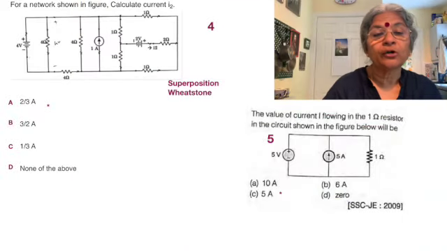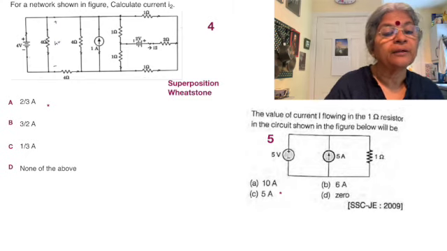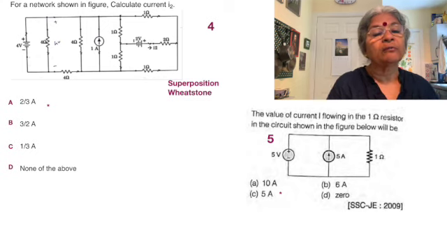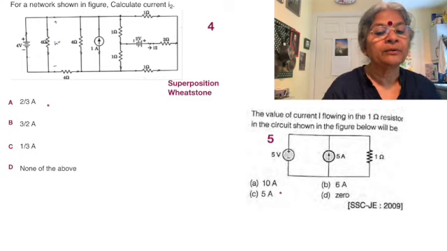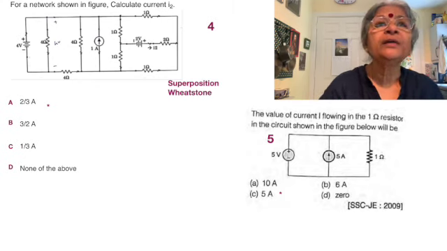Okay, so we are using the Wheatstone principle here, and we realize that to find out I2, the 1 ampere source has no contribution, nor does the 4 volt source have any contribution, because you can convert it into whatsoever current source, but of course it's a 4 volt, so it will create no ripples in the center of the Wheatstone bridge.